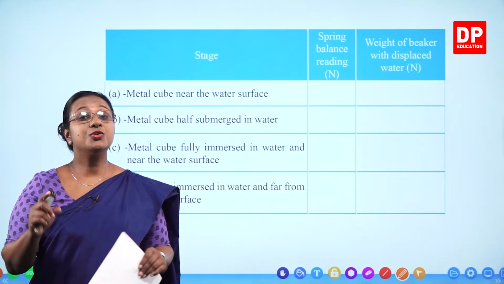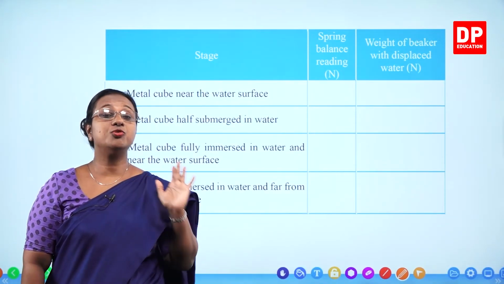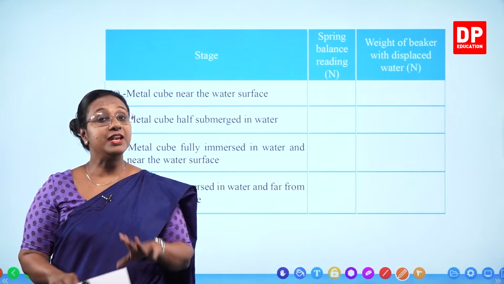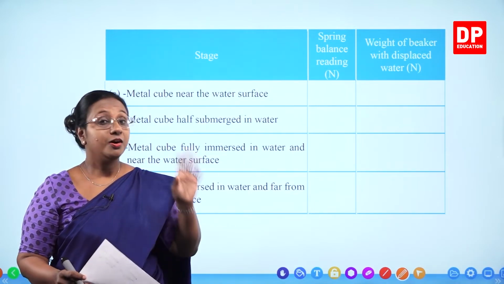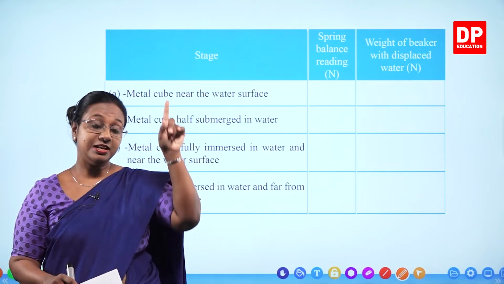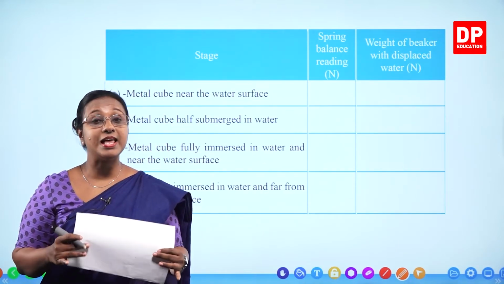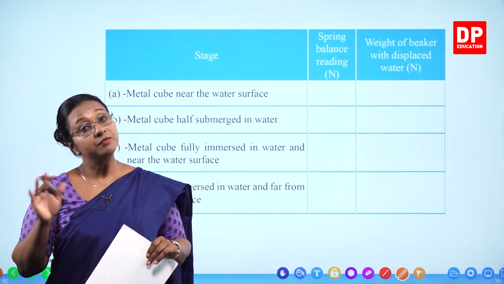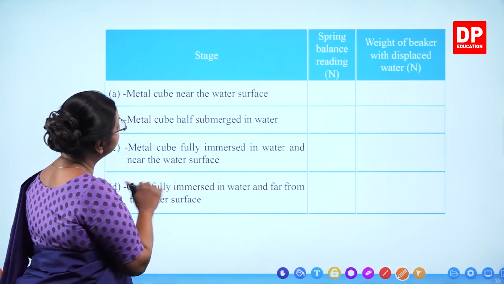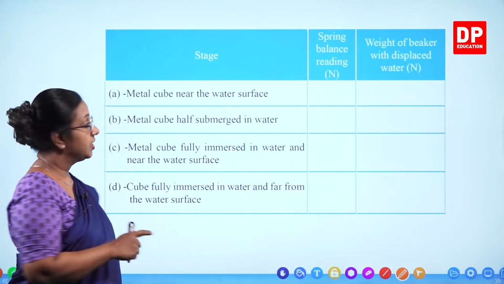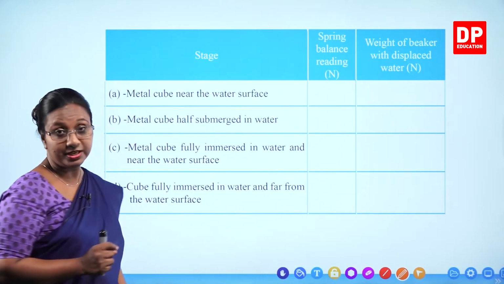Okay, students. You all saw the activity. I am sure you understood what happened, and you can remember I wrote down all the values there. In all 4 instances, the reading of the spring balance as well as the weight of the beaker with or without water, those are the values we need to fill into this table. The table is also given in your textbook.